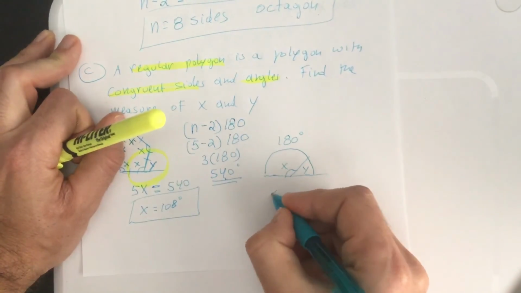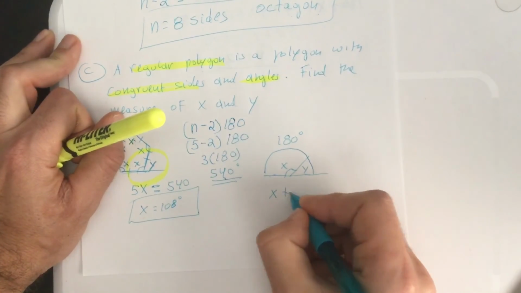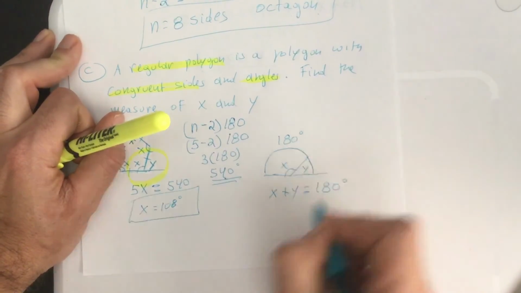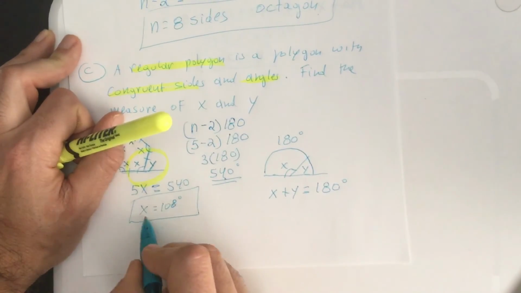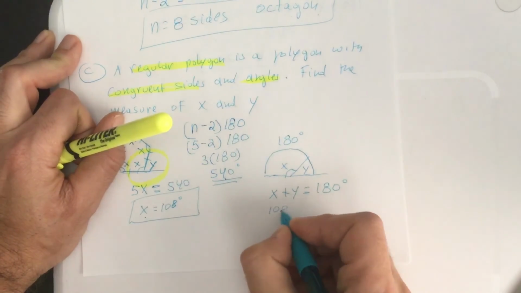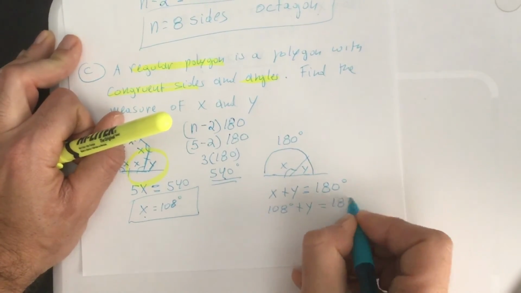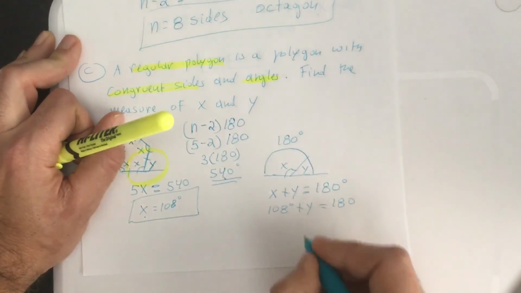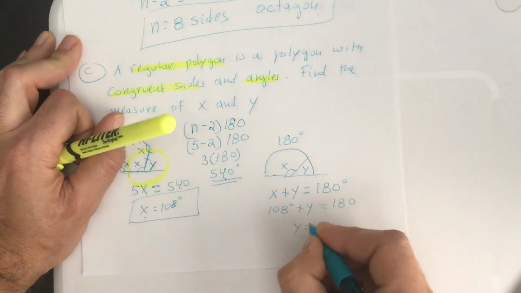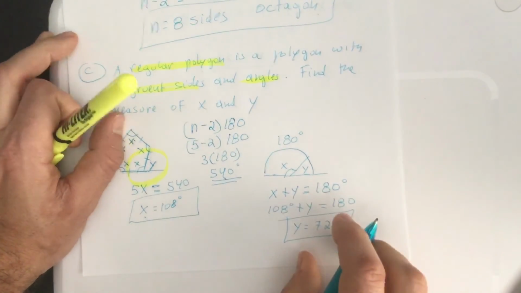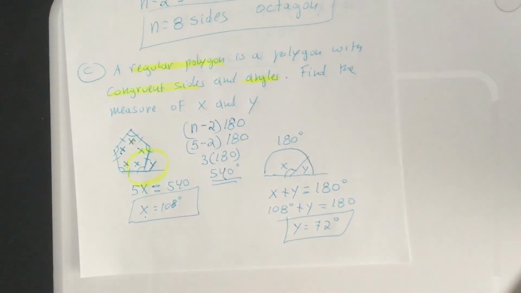So x plus y equals 180 degrees. X is 108. We solve for y by subtracting 108 from both sides, and your answer for y should be 72 degrees.